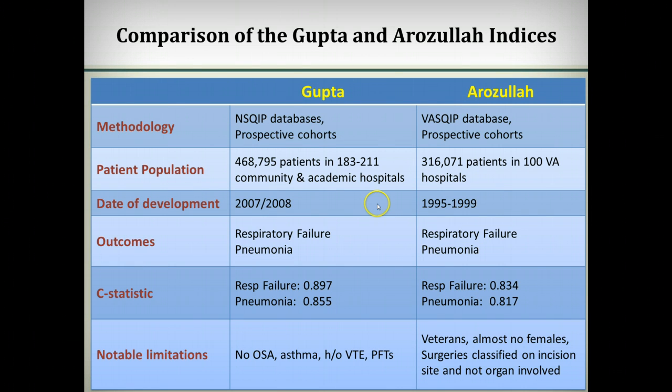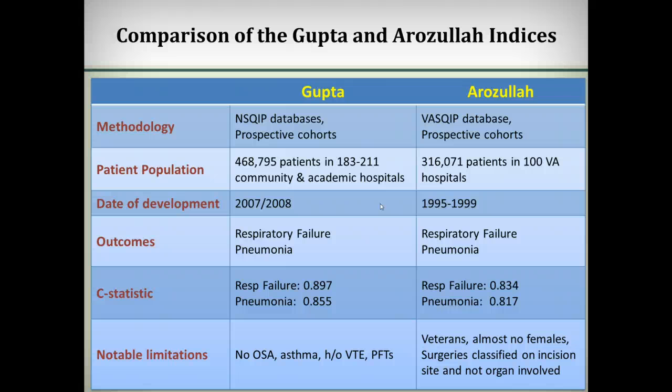The dates of these two indices are different, but even though the Arozullah one is getting a little bit older, it really still applies today. Interestingly, when you look at the data in the Gupta studies, the rates of pneumonia and respiratory failure remain very constant over this time. So I think the Arozullah criteria still apply today.